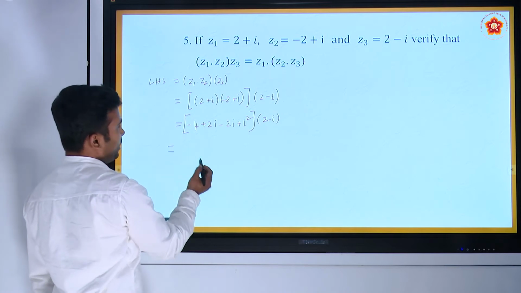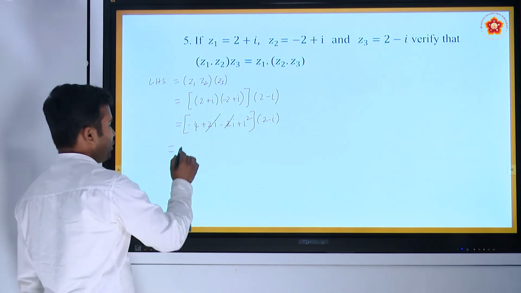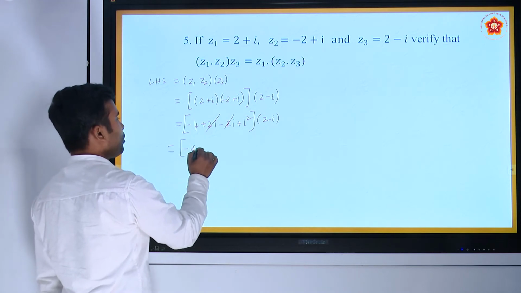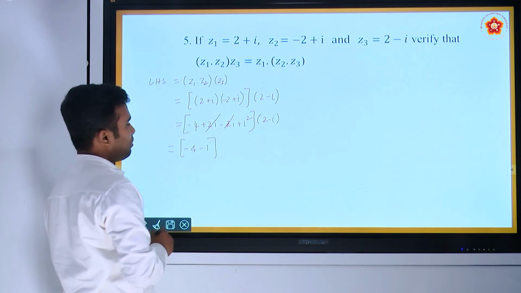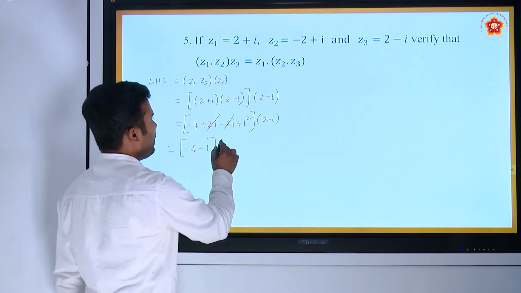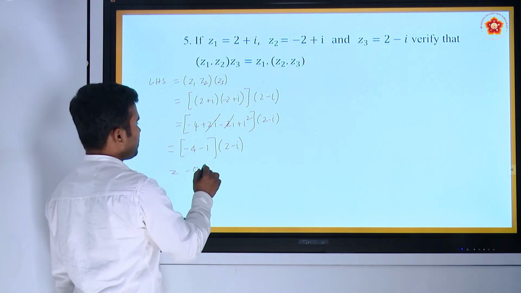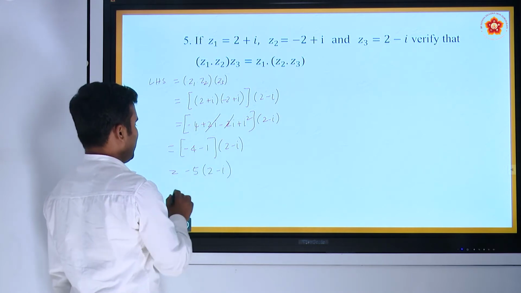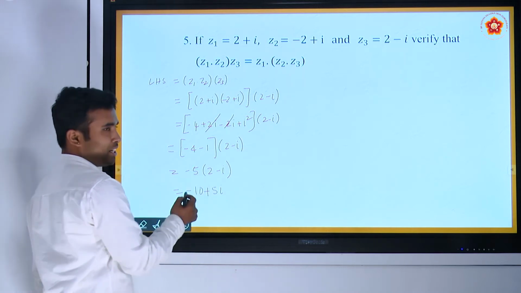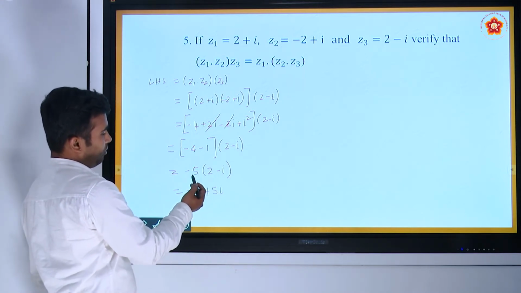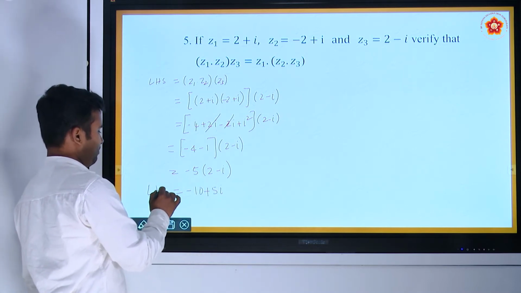Here plus 2i and minus 2i cancel each other, and you will have minus 4 minus 1, since i square is minus 1, into 2 minus i, which is equal to minus 5 into 2 minus i, which is equal to minus 10 plus 5i. As you multiply minus 5 to this, minus 10, and this is LHS.